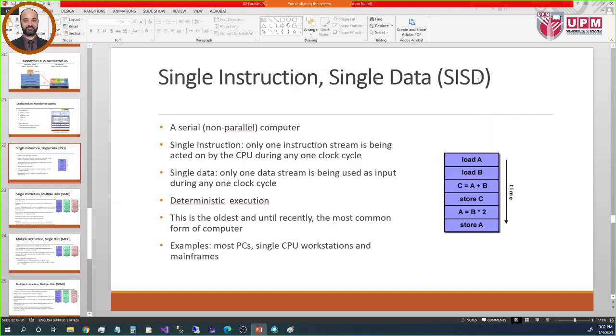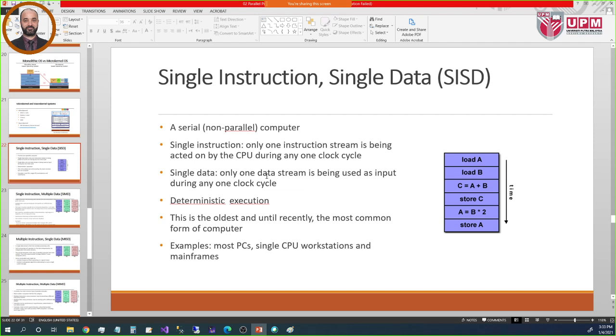Okay. Then here again we go back to the single instruction, single data, which is a serial non-parallel computer. Single instruction, only one instruction stream is being acted on by the CPU during any one clock cycle.